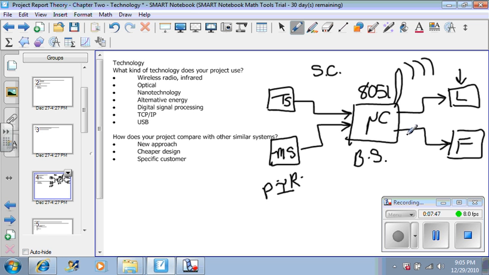Now, does your project compare with other systems? How does it compare? Well, we can just say that this project is a standard lighting control system or temperature control system found in most office buildings. And the idea of the project is to lower the energy use, to save energy.